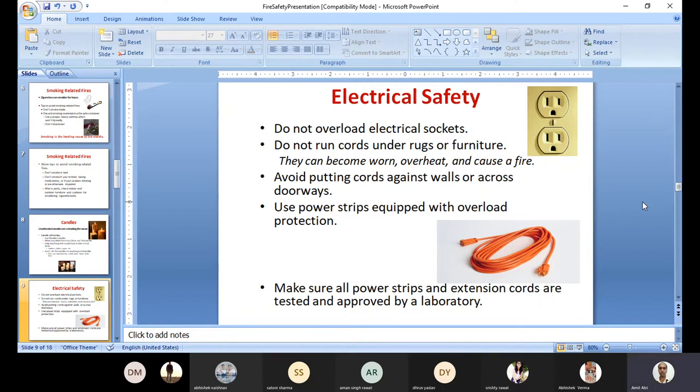Another thing: the heat that increases will burn the insulation, like our socket shown here in this figure. The material starts melting down due to heat.